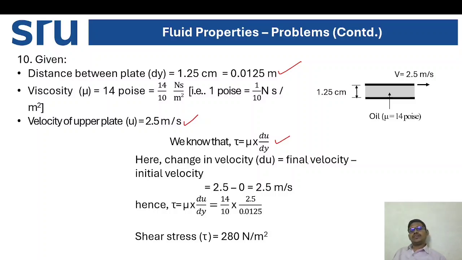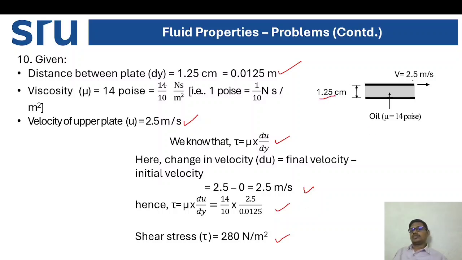Here the change in velocity is equal to final velocity minus initial velocity. Final velocity is 2.5, initial velocity is considered as 0. Hence tau is equal to 14 by 10 into 2.5 by 0.0125. So the total shear stress tau is equal to 280 newtons per meter square.